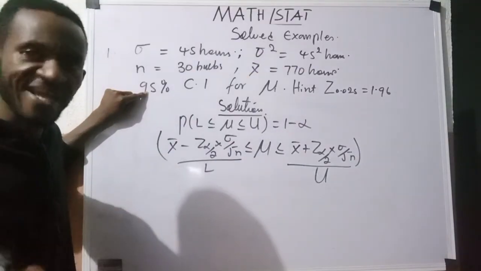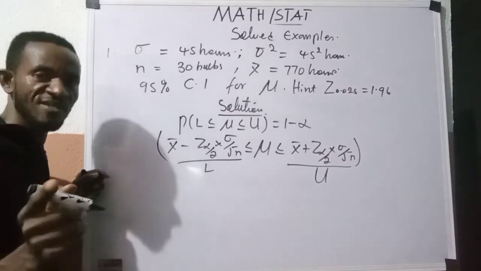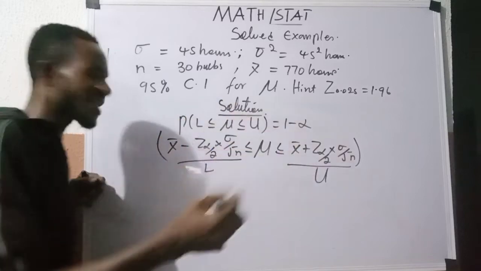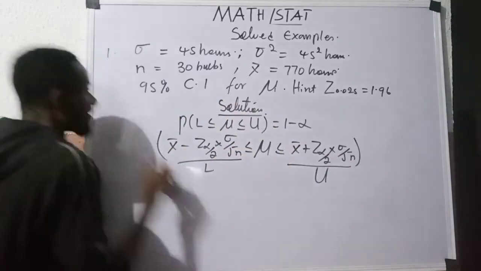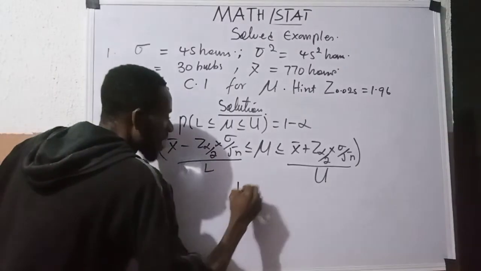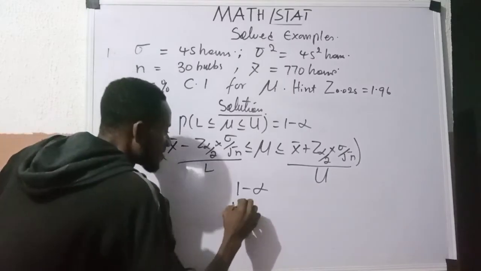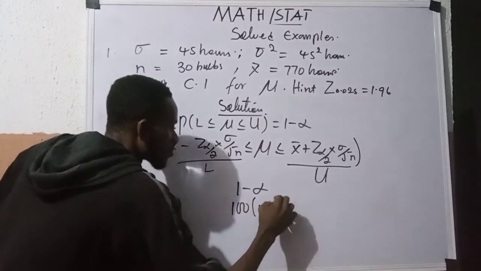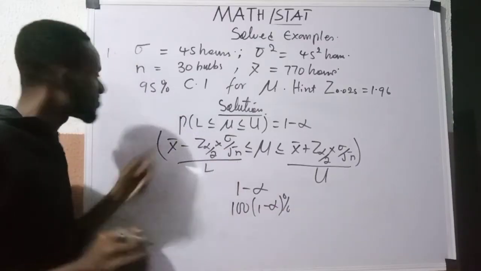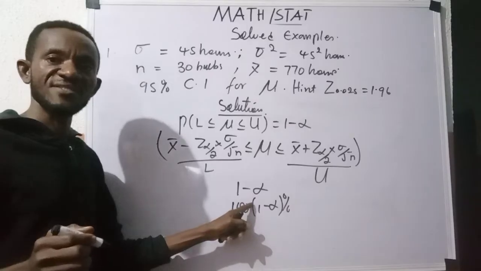Whichever way you call it is right. But do you remember earlier that I told us that confidence level can be given as 1 minus alpha, or it can be given in percent as 100 into 1 minus alpha percent? Because they gave me this in percent, I am going to use the one in percent.